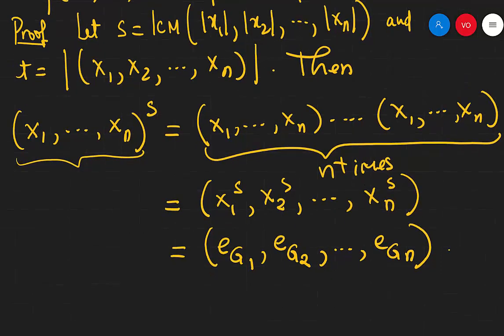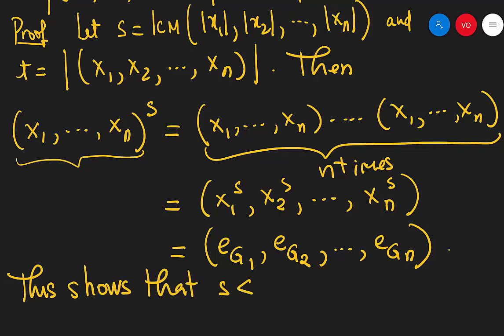Now, automatically this shows that T has to be less than or equal to S, right? Because T is the smallest positive power of this element that gives us the identity.